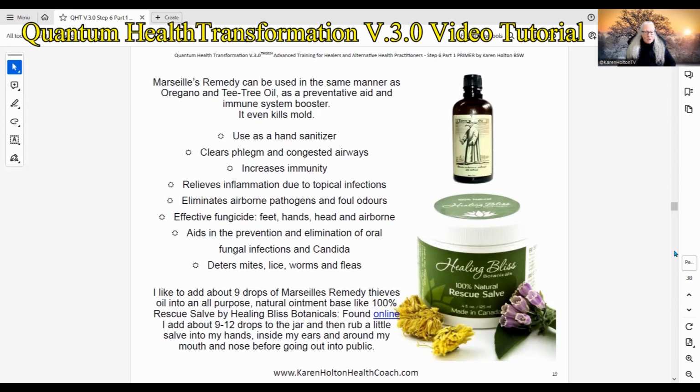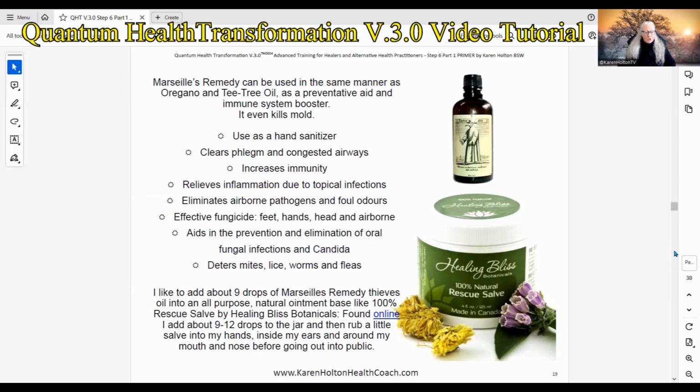I like to add about 9 drops of Marseille Remedy Thieves Oil into an all-purpose natural ointment base, like 100% Rescue Salve by Healing Bliss Botanicals, which is found online. I also add it to beef tallow balm that I make myself, and that works really well too.